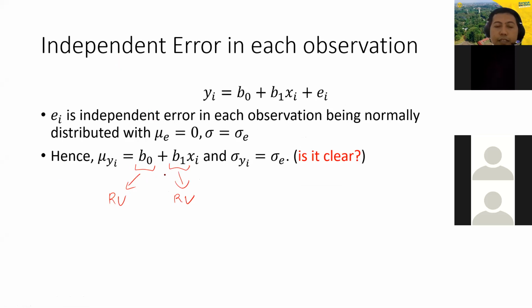B0 and B1 is random variable. How to prove?